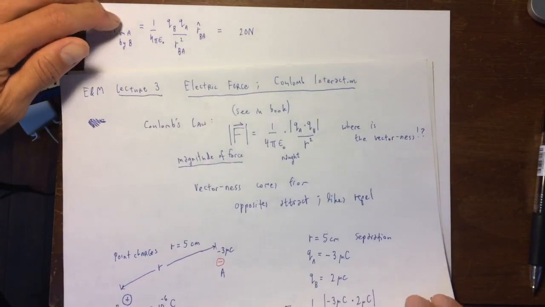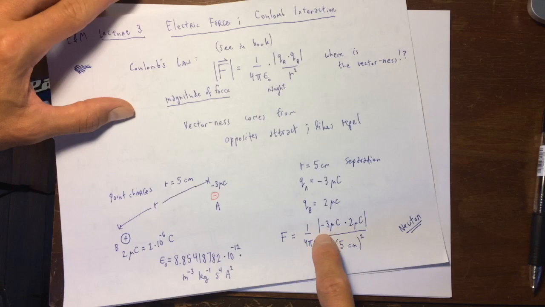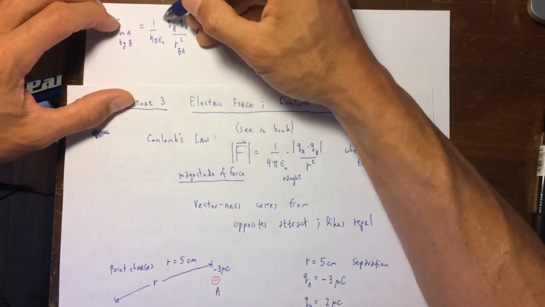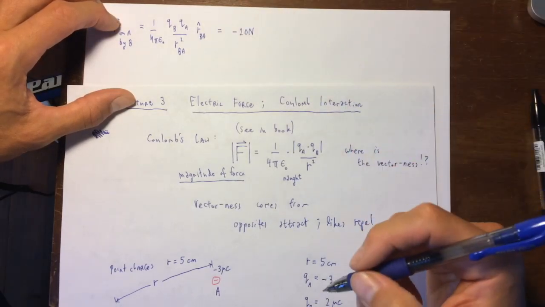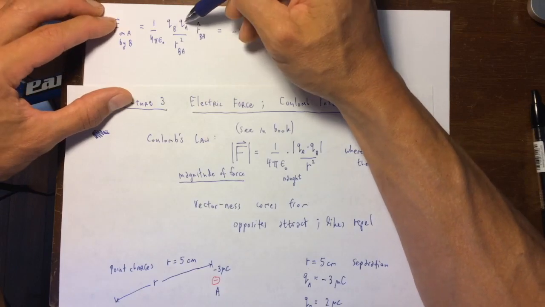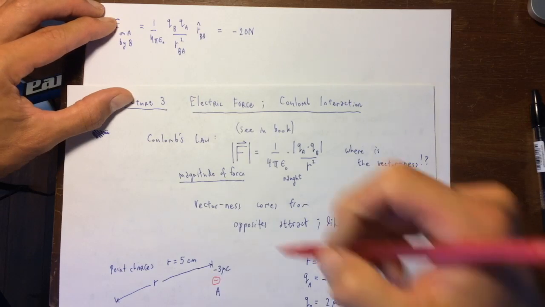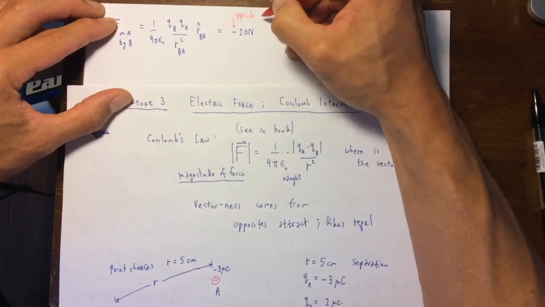When I calculated 20 newtons, I had an absolute value applied to this minus sign. And in this formula that I'm calculating, there is no absolute magnitude bar. So I need to keep the minus sign. This minus sign is really important. It's just what comes from the fact that these two charges are opposite. So this minus sign is from opposite charges.